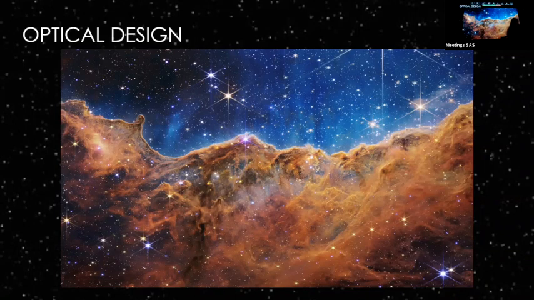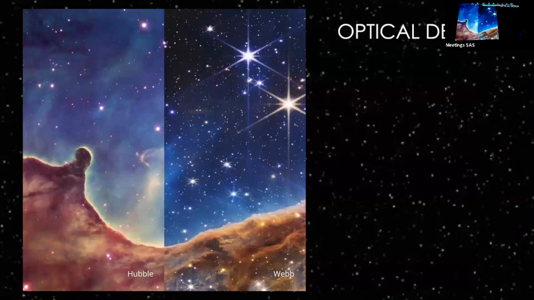So, we can actually give a little bit of a side-by-side, not quite apples to apples comparison between the exact same object from space-based telescopes, the Hubble versus the James Webb, scaled side by side. You can see here that there were, of course, advances in camera technology as well, but in general, just the fineness of the detail.